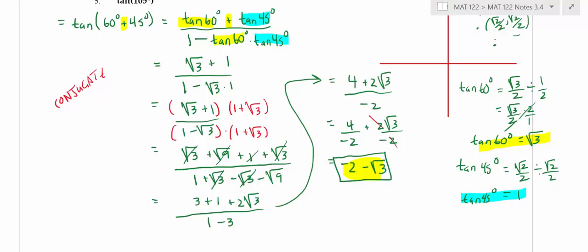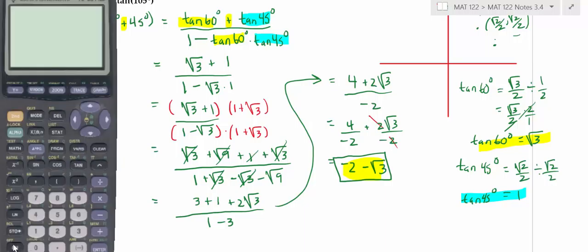So if we want to do just a quick check on this problem, we just did the problem, tangent of 105 degrees, so I need to make sure I'm in degree mode. That gives a negative answer. Now if we take our answer, which is negative 2, subtract square root of 3, same answer.